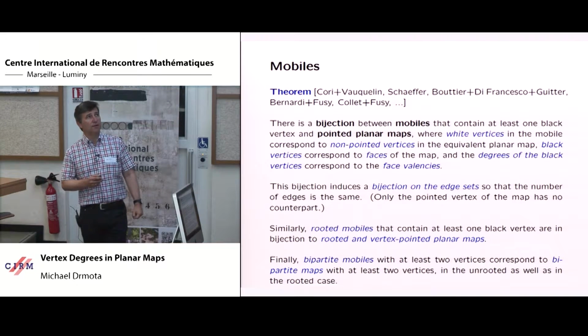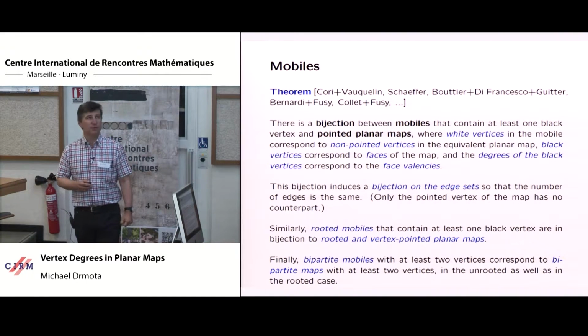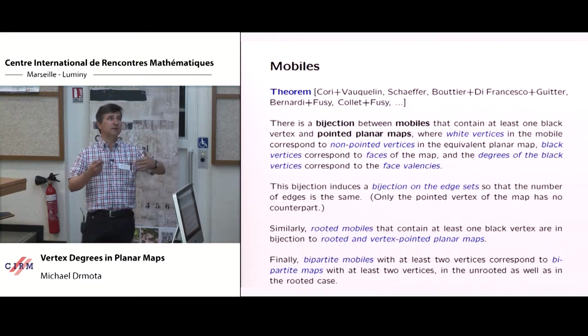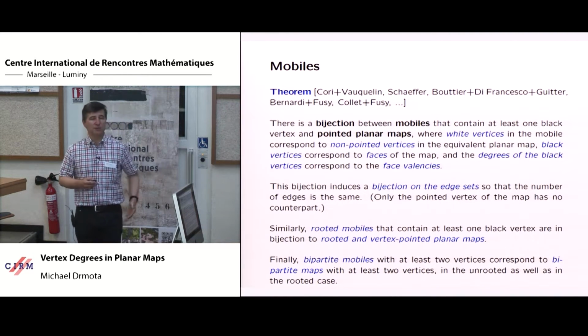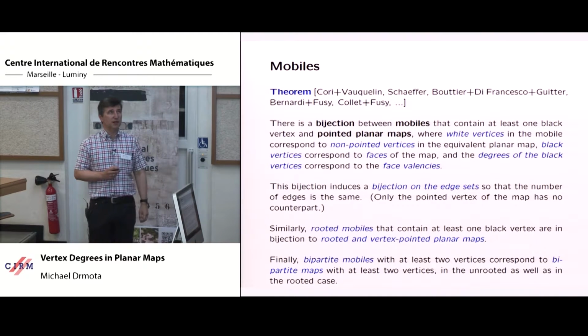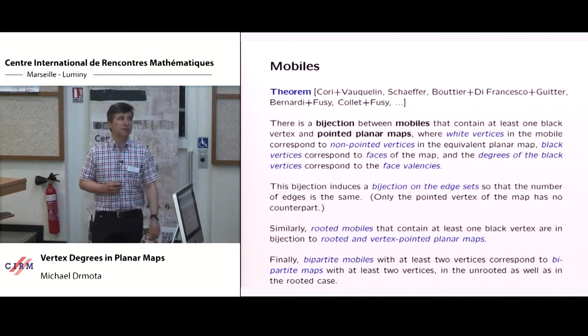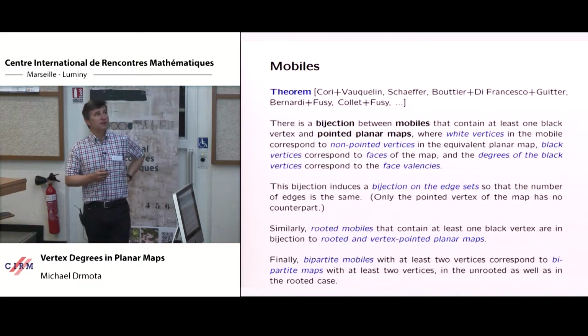This has a long history, so I hope I did not forget any name, an important name here in this series. The mobiles themselves were invented, I think, by Bouttier, Di Francesco, and Guitter, but they have been extended, and there are several variants of these kinds of trees. The Schaeffer bijection is also related to that. So what is the relation?